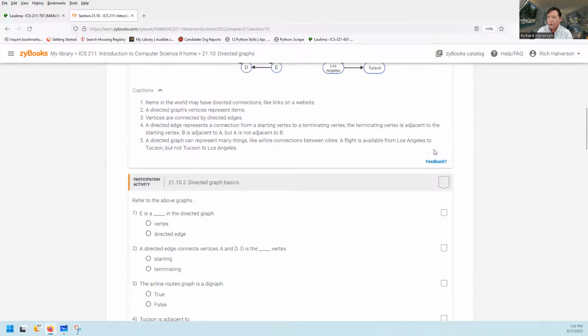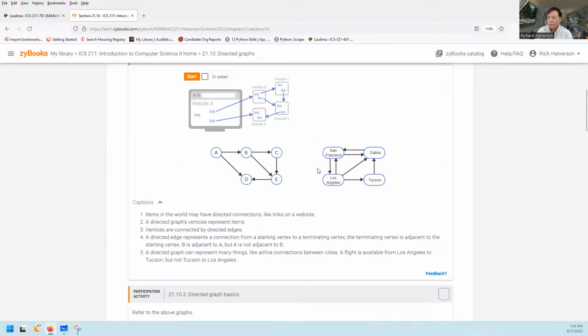So make sure you understand. Oh, and the definition of adjacency is slightly different. It says right here, B is adjacent to A, but A is not adjacent to B. A is not adjacent to B because you can't go from B to A in one step.